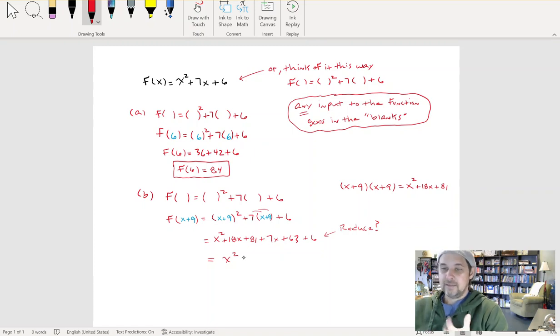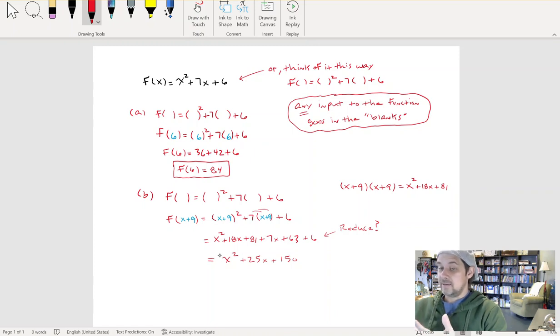So I add those together and I get 25x. That takes care of the x squared, the 18x, and the 7x. What about 81 and 63? That's 144, but then plus the 6, that's 150. So I'll get plus 150. At that point, that's as far as I can take it.